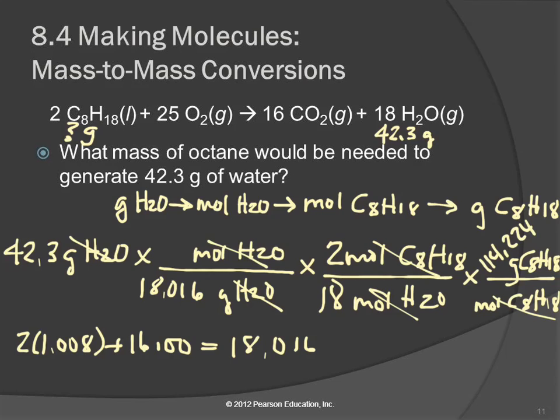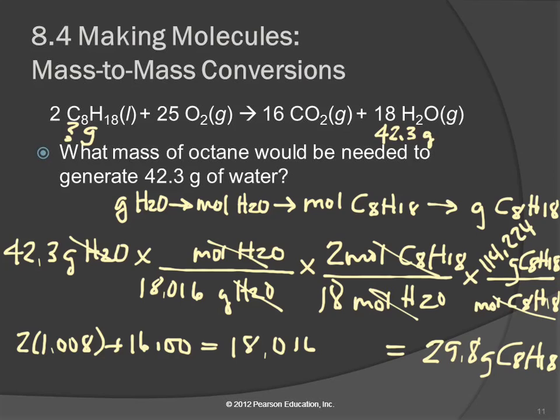Start at the left and go straight across. 42.3 divided by 18.016 times 2 divided by 18 times 114.224 equals. So that big old mess equals 29.8 grams of octane.